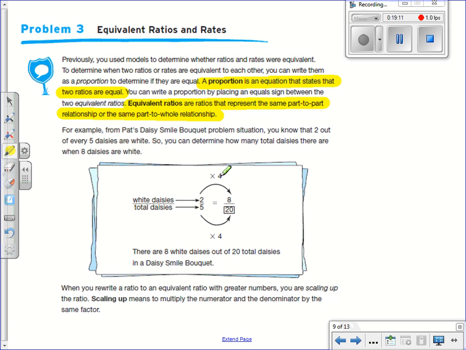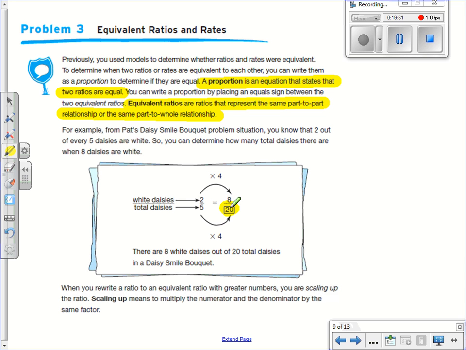Then we can multiply by 4 to get 8 white daisies because that's what they were asking us for. If I multiply the 2 by 4 to get 8, I have to do the same thing to the denominator, which is 5 times 4 to get 20. So that would give us our answer of 20.